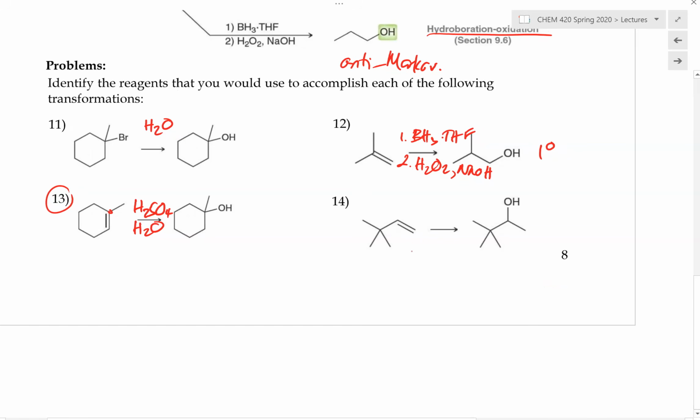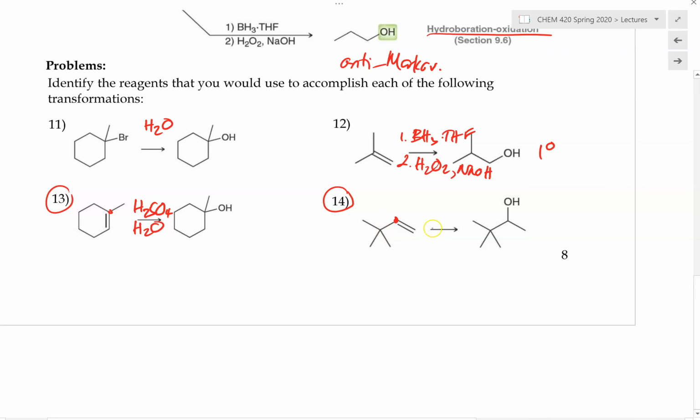And lastly, in this reaction, 14, we are doing a Markovnikov addition to make this alcohol. And again, we know it is the Markovnikov product because the hydroxy group is added to the more substituted alkene carbon. But here in this case, there is a possibility for carbocation rearrangement, and we need to avoid that.